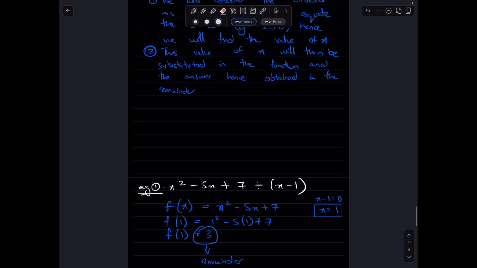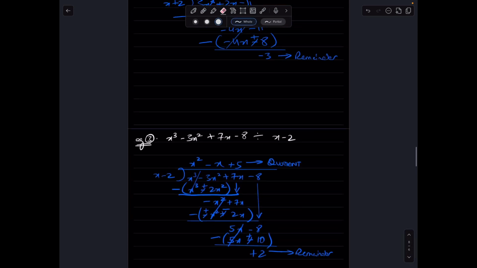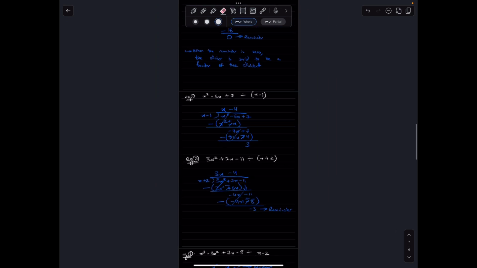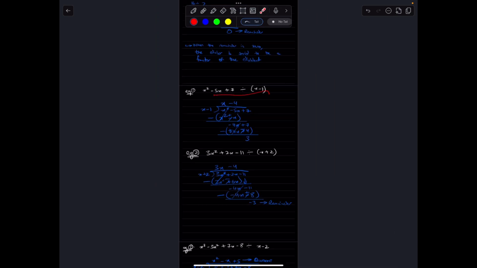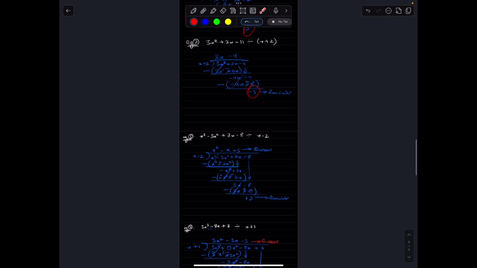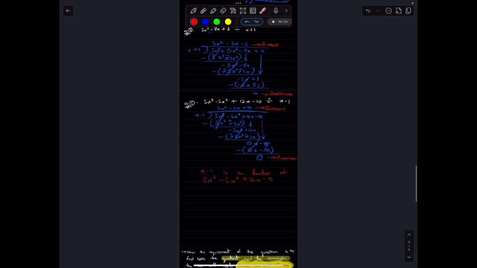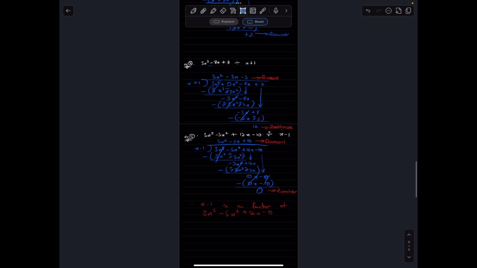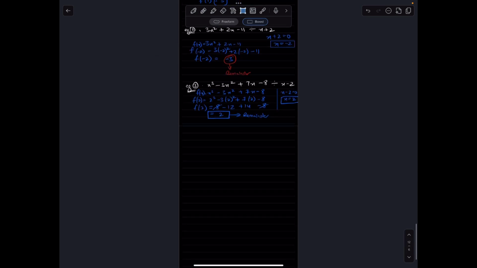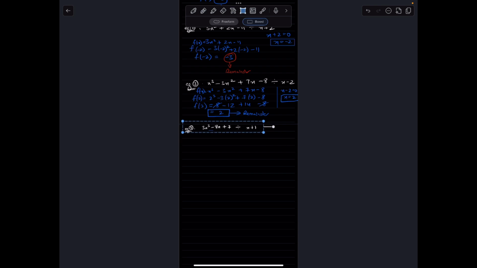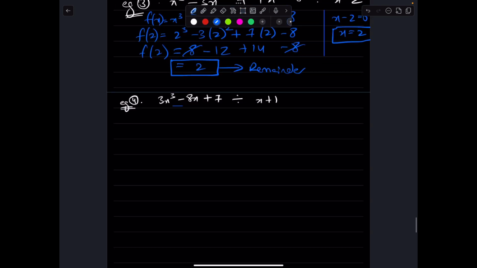And notice, appreciate the fact that these three examples are the same as the first three examples we had in the previous case. And the remainders turn out to be the same. Now, how about we take our last two examples. So we'll copy this, we'll paste this here. So 3x cubed minus 8x plus 7 is the function.